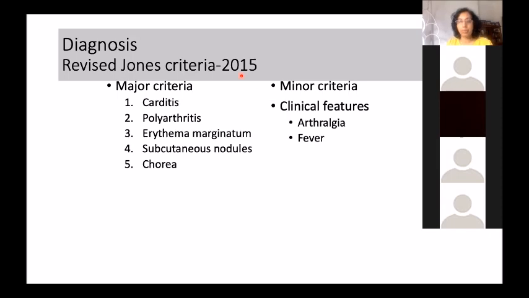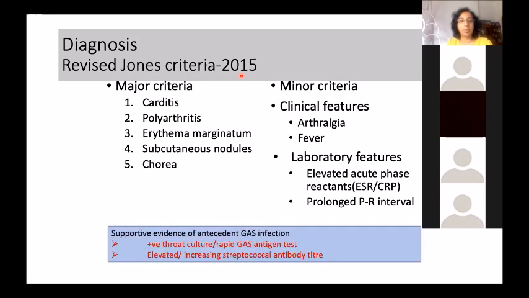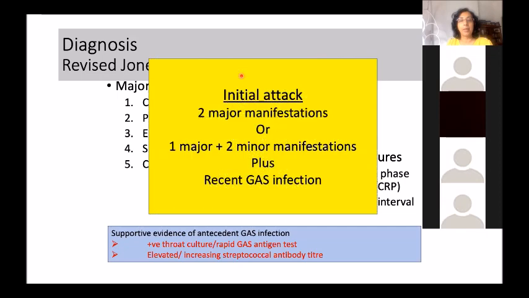And then based on these, we have to consider the laboratory features as supportive evidence of antecedent group A streptococcal infection. Right? So considering all this, we arrive at a diagnosis of the initial attack. So we should have at least 2 major manifestations or 1 major plus 2 minor. And always we need to have recent GAS infection.